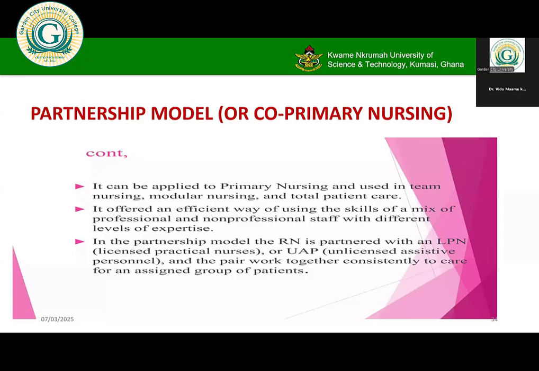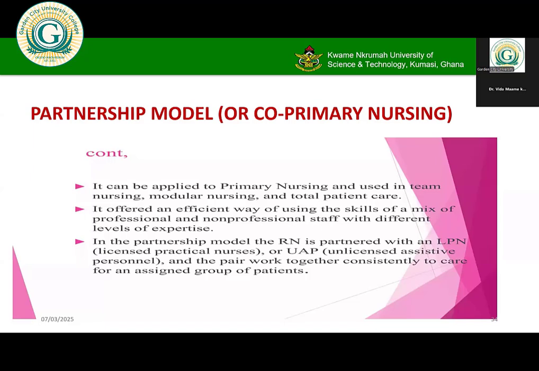So in the partnership model, the registered nurse is partnered with what? Maybe a licensed practical nurse or unlicensed assistive personnel, and the pair work together consistently to care for an assigned group of patients.